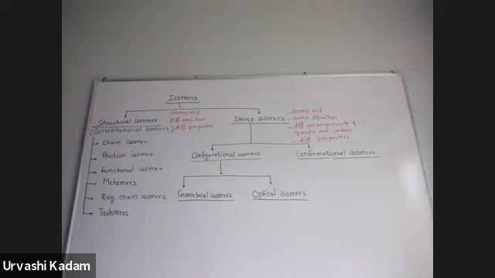Okay, so these are the different types of isomers possible, and exhibiting them is the phenomenon called isomerism. So this is what we are going to cover basically in this chapter, isomerism.